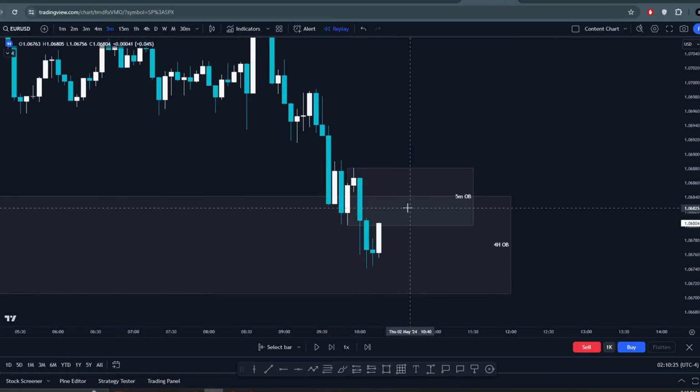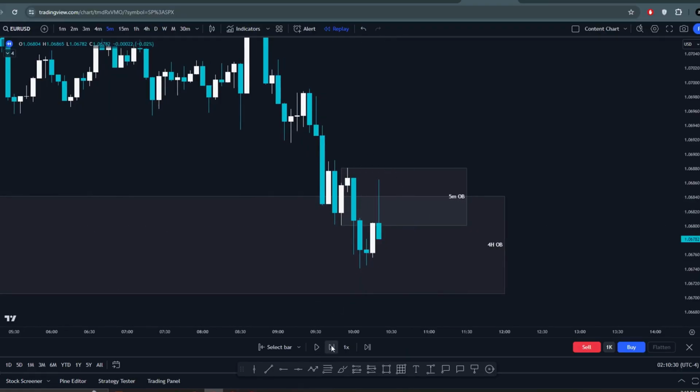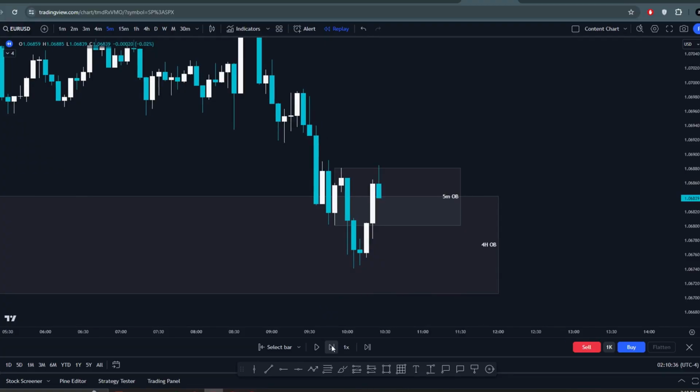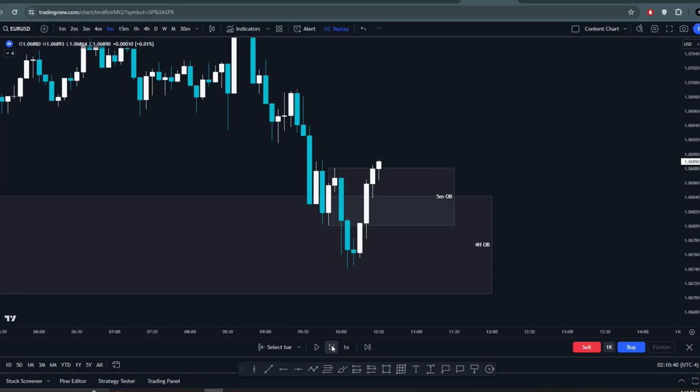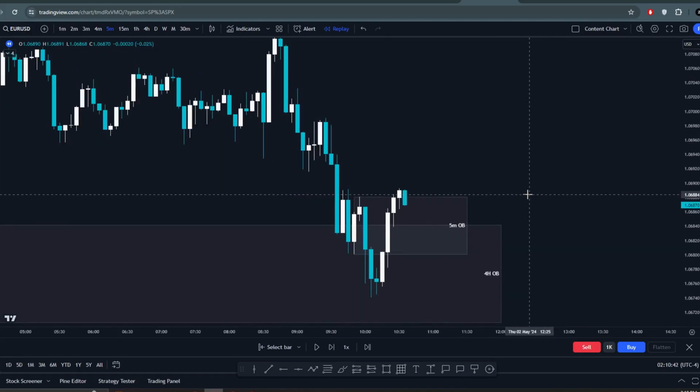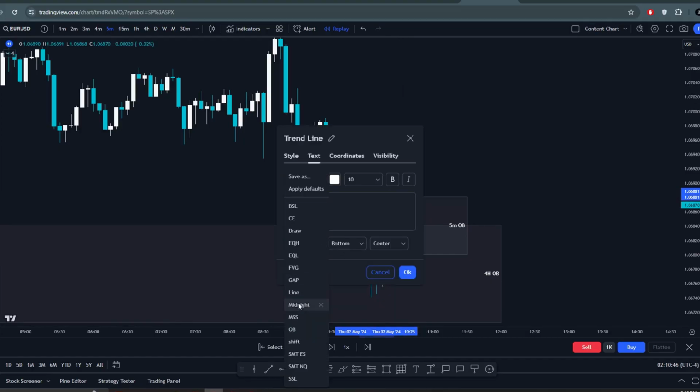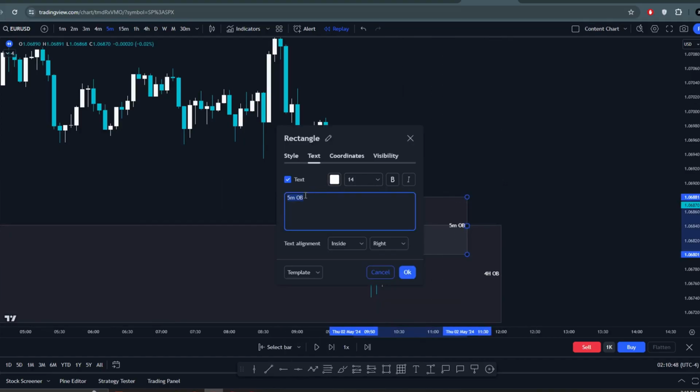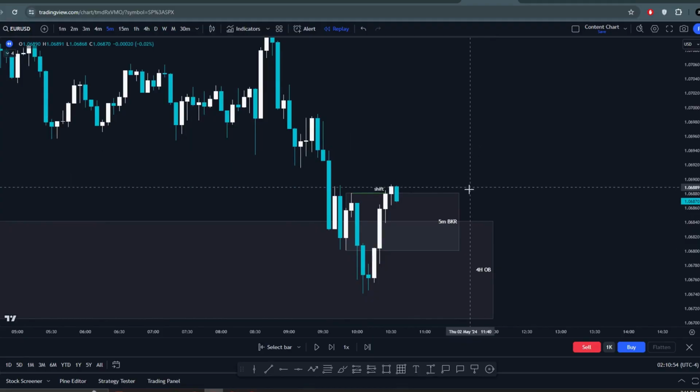We want to see price respect this order block, but if we disrespect that order block, we will now have a breaker block. And yes, we disrespected that order block. So now we have a breaker block.